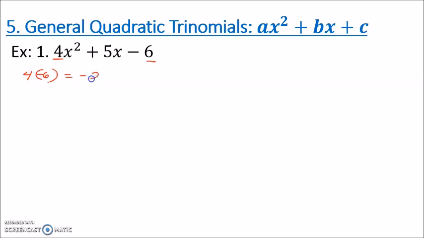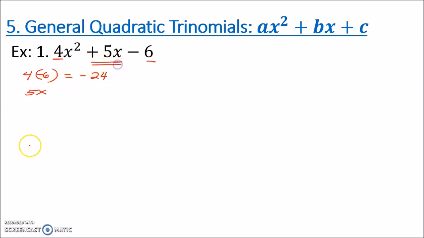And so, that's negative 24. Okay, so dito tayo magsusulat kasi dito yung mamaya. Negative 24. And then, maghahanap tayo ng factors ng negative 24 na kung i-add or i-subtract, magiging positive 5.